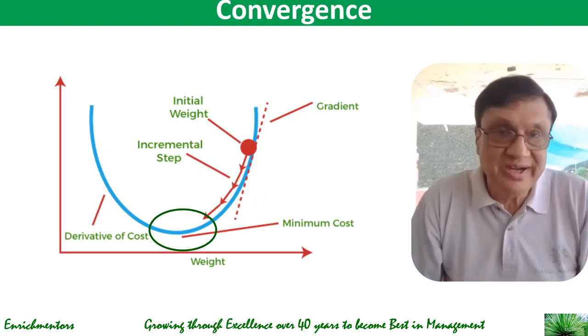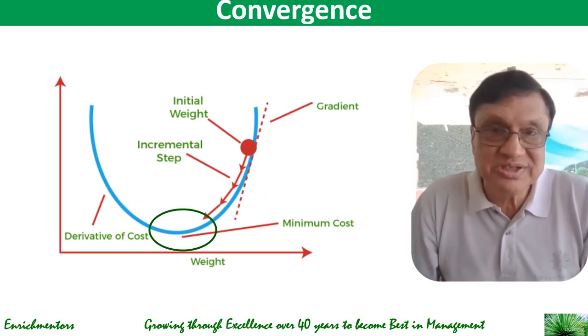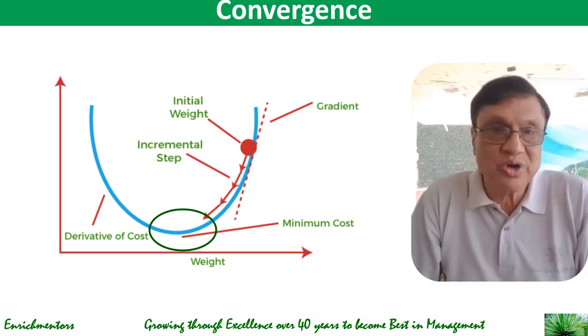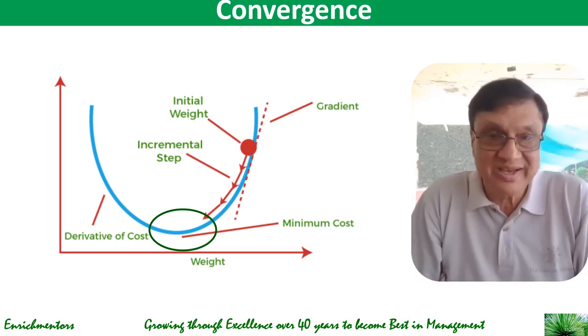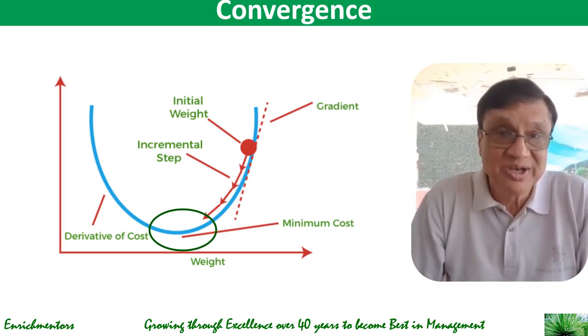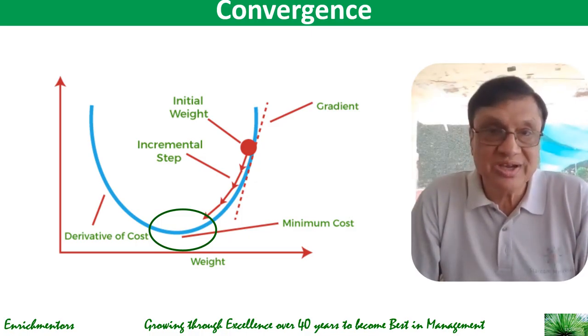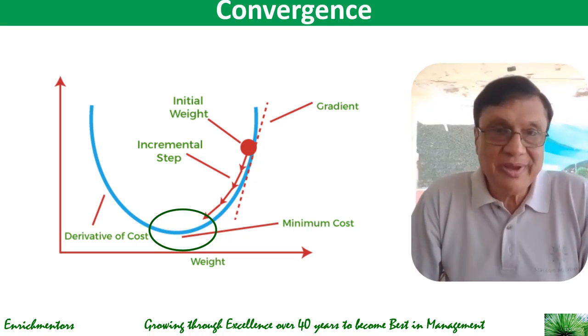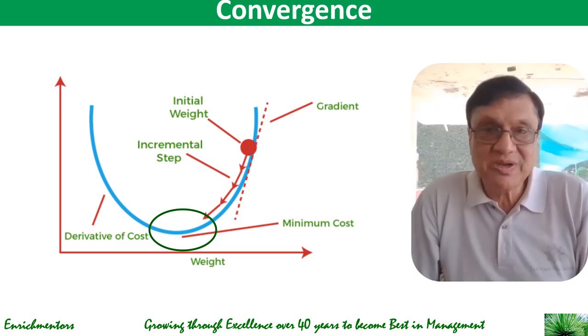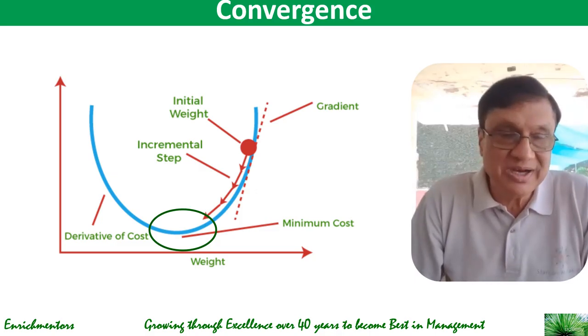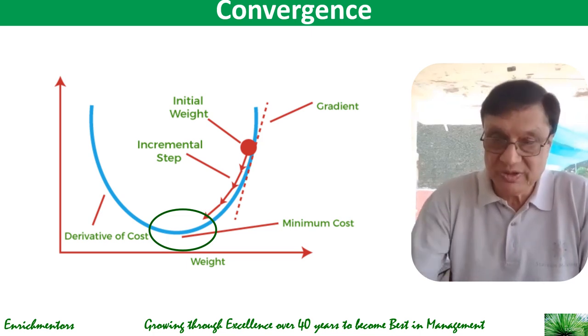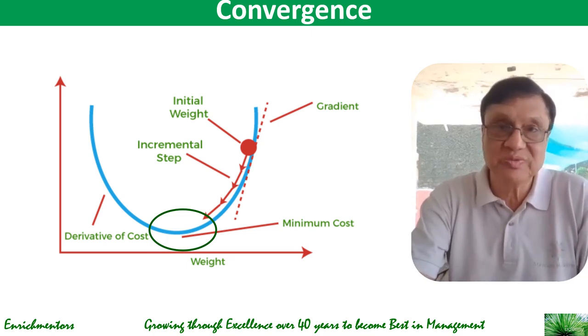You converge. The gradient descent algorithm converges when it reaches a point where the cost function has been minimized, the error function has been minimized, or when it cannot make any further improvement. So you reach convergence. Now the final parameters of the model represent the optimized solution that minimizes the cost or the error function or the loss function, whatever words we want to use.